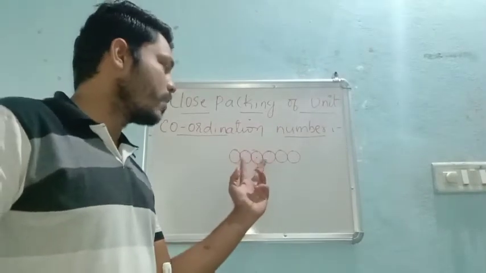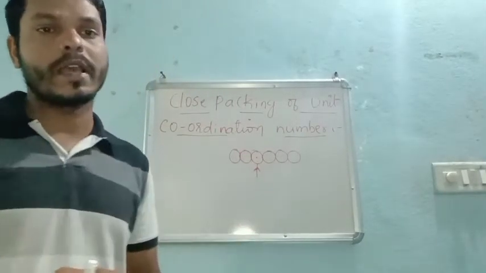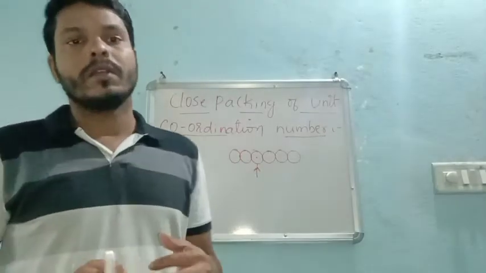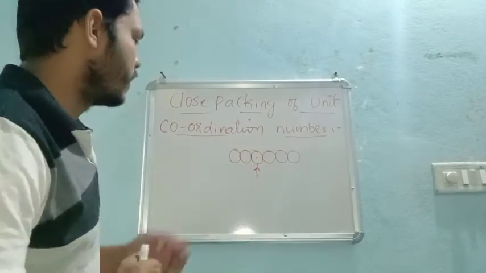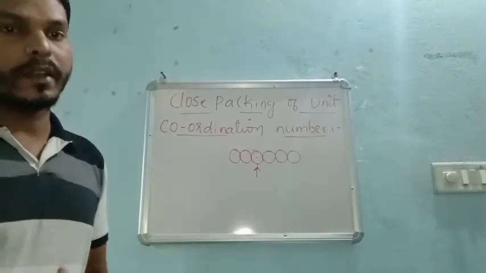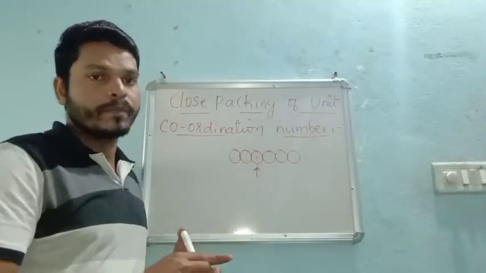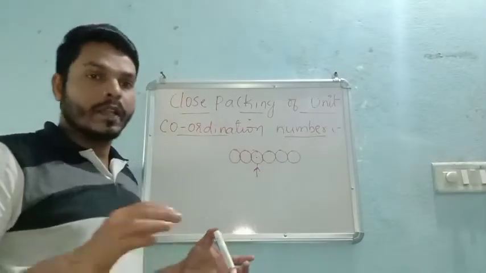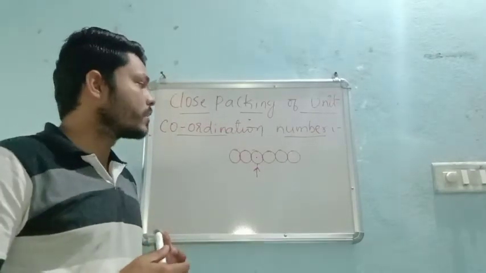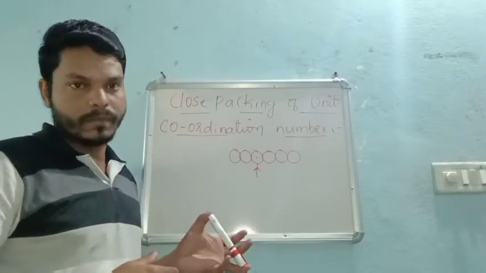The coordination number does change in case of different arrangements. So this is one dimension, we can say, right? So here, what is the coordination number? 4. Likewise, we will see different coordination numbers in different arrangements, right?